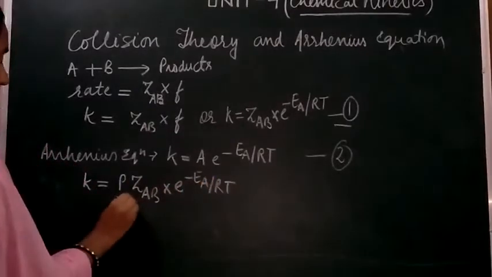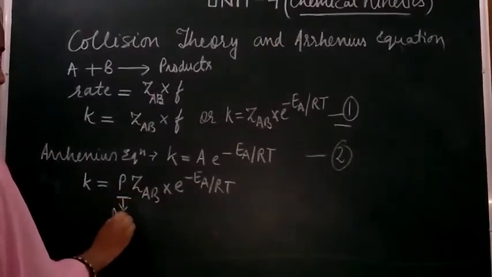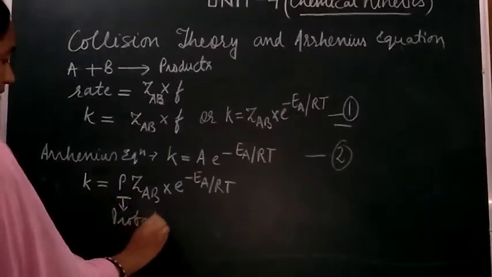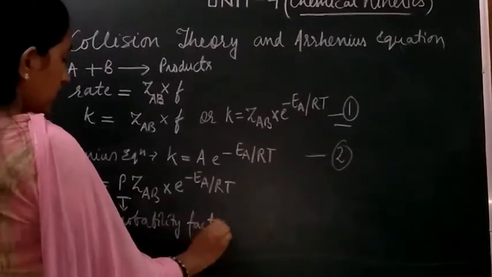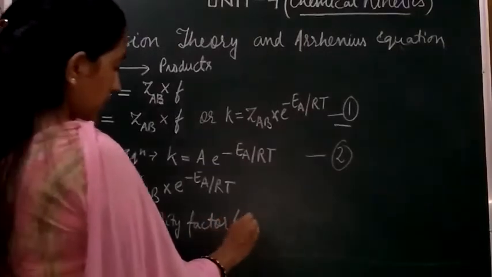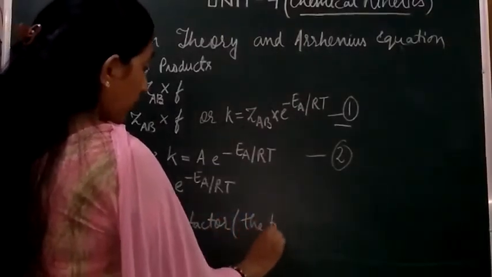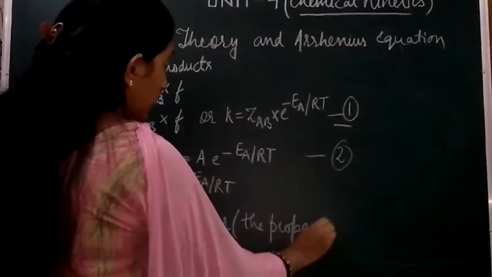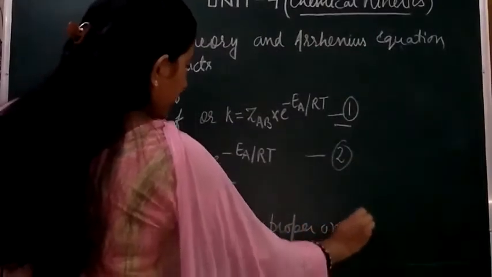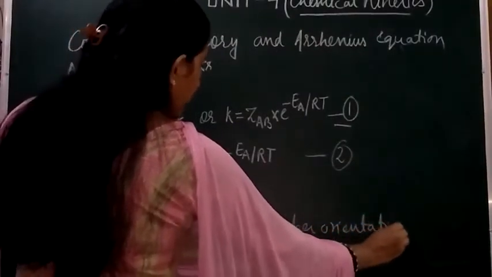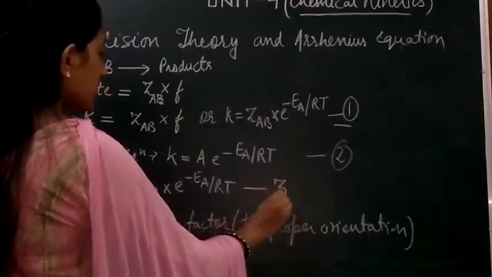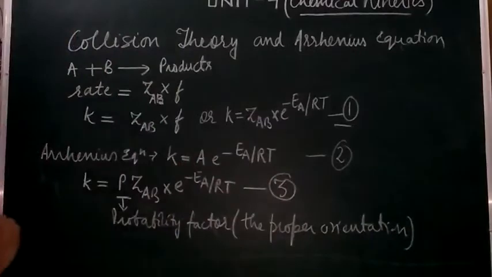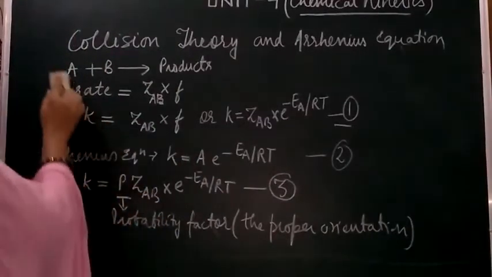Now students, what is P here? P here is the probability factor, which is going to consider the proper orientation. Let me make this equation 3. Now we will compare equation 2 and equation 3.